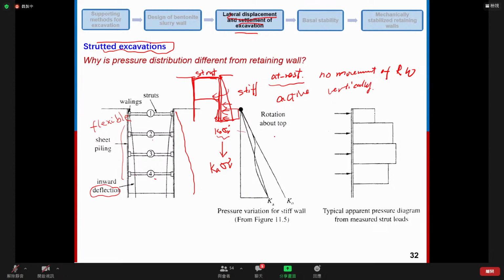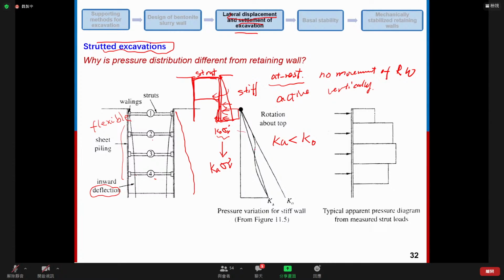As we know, Ka is smaller than K0. So due to the deflection of the retaining wall, the pressure distribution actually changed. Specifically, the earth pressure decreased.